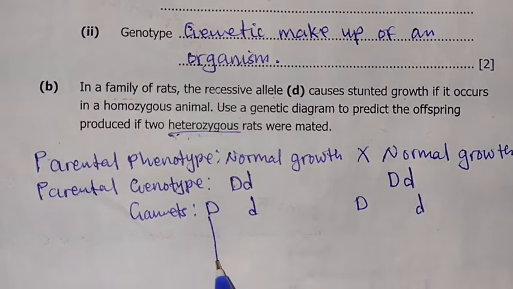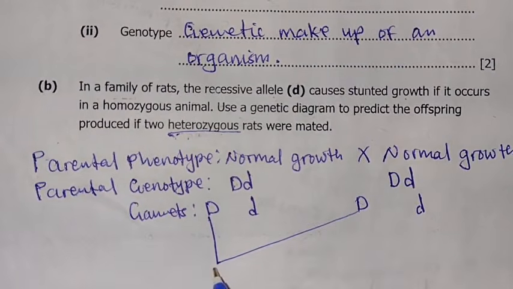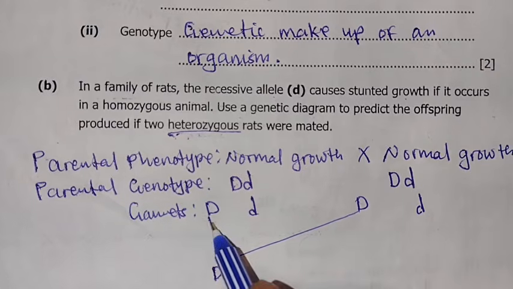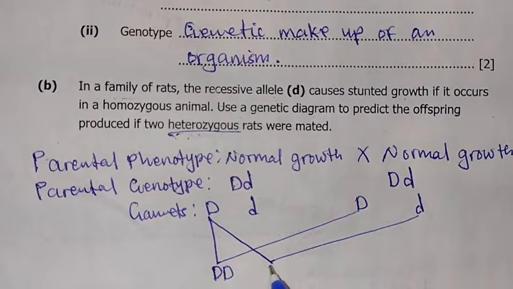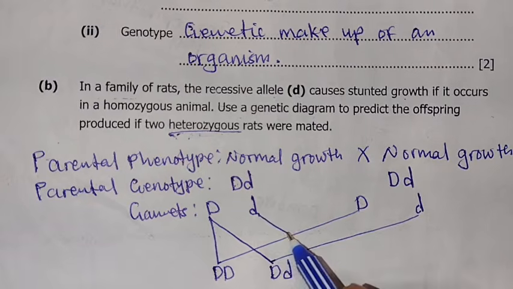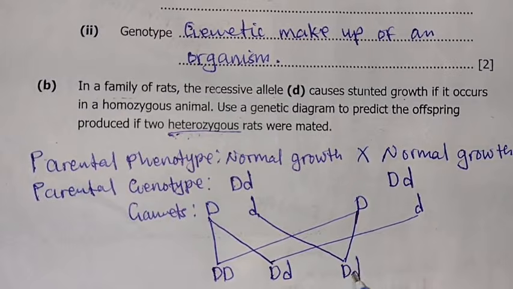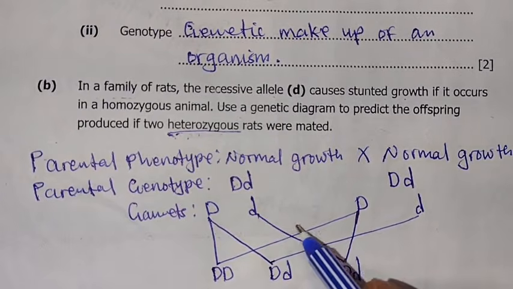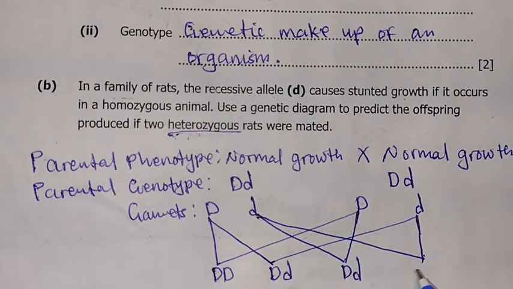So we can have this crossed with this, then we have GG, then this crossed with this, then we have G and small letter g, then we come to this one, cross it with this, Gg, then we have the same, this crossed with this, then we are going to have gg.